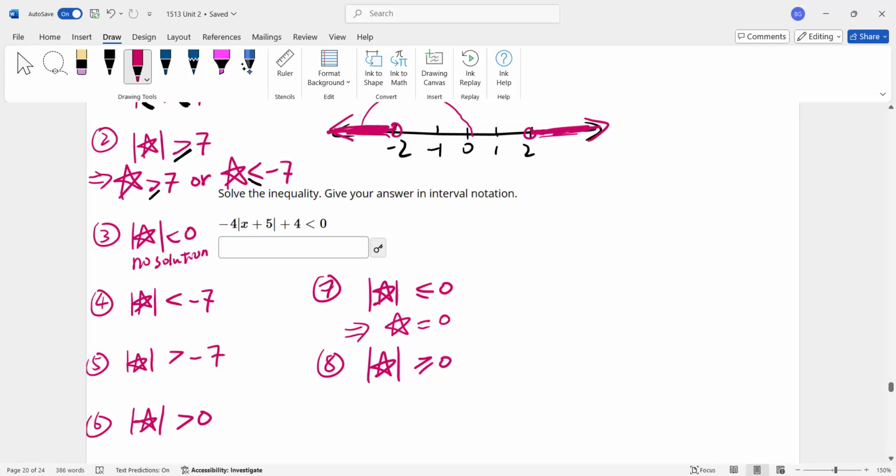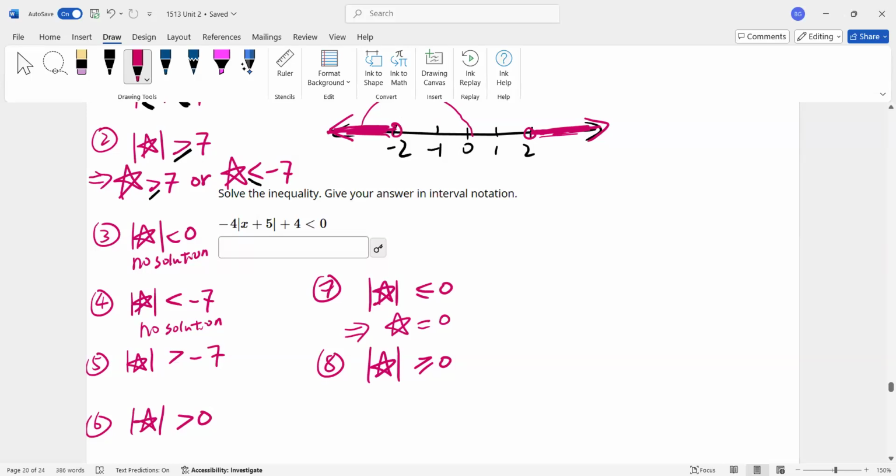No solution, right, guys? You can raise your hand or react anyway. Okay, thank you, Eliza. No solution, because absolute value cannot be less than a negative number. Only negative numbers are less than -7, so no solution.